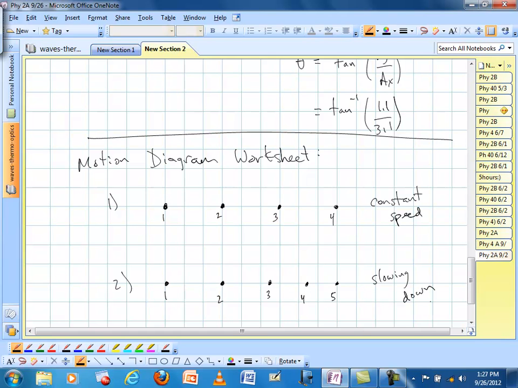Slowing down, because in the same time interval, right, time interval between point 1 and point 2, it moved 3 squares. Time interval between 2 and 3, which is the same, it only moved 2.5. So it had to be going slower, right?